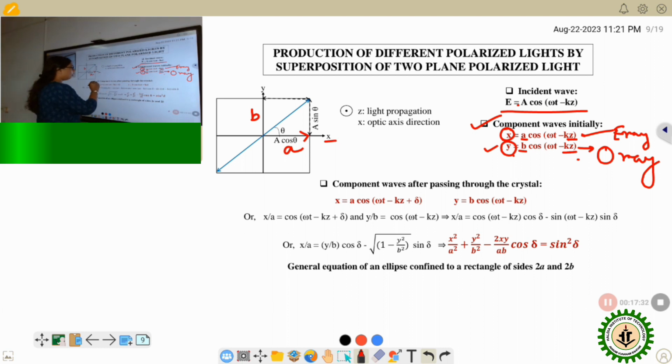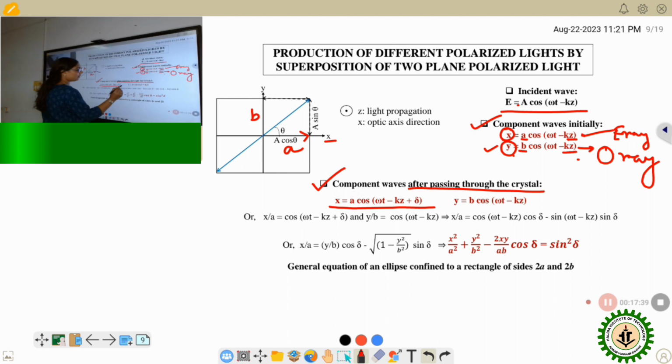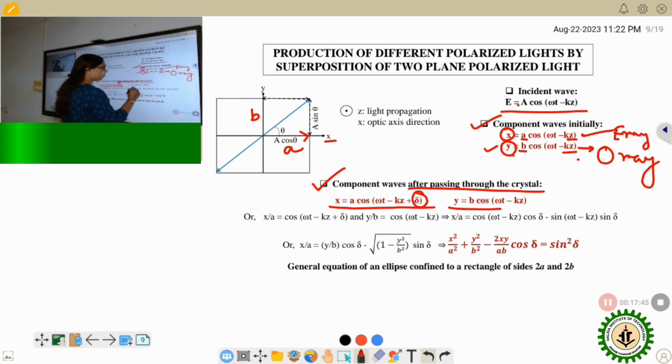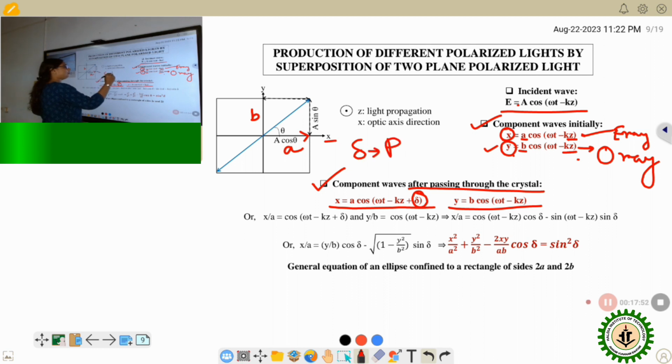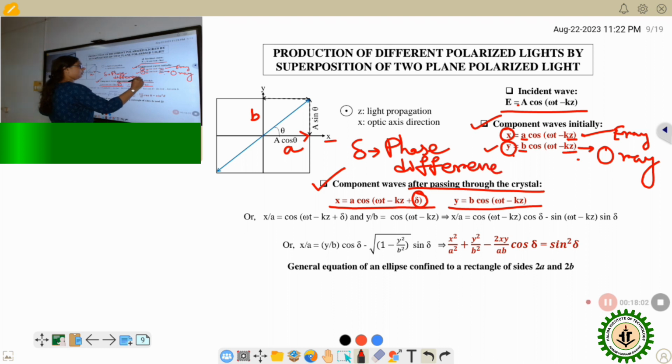Thus the component wave equation after passing through the crystal will change to x equal to a cos(omega t minus kz plus delta), where y equal to, we have kept it the same, b cos(omega t minus kz), where delta is the phase difference between the O ray and the E ray.